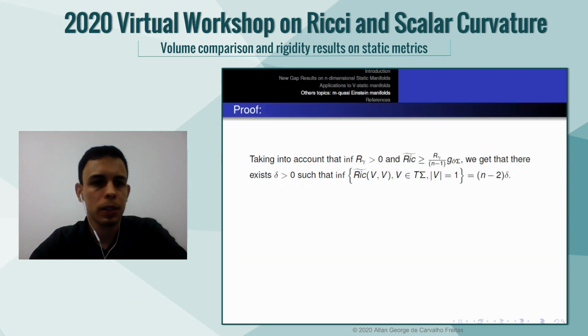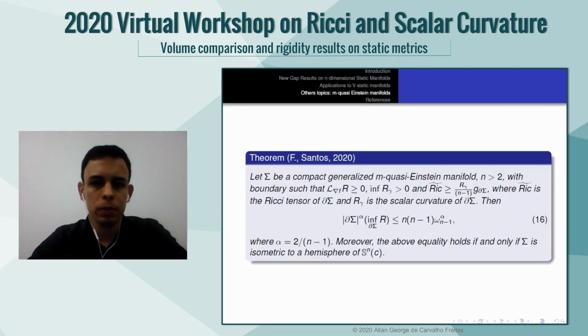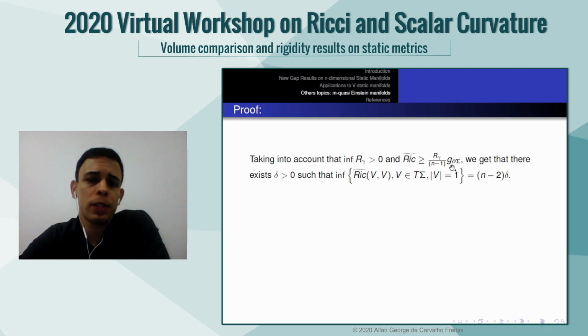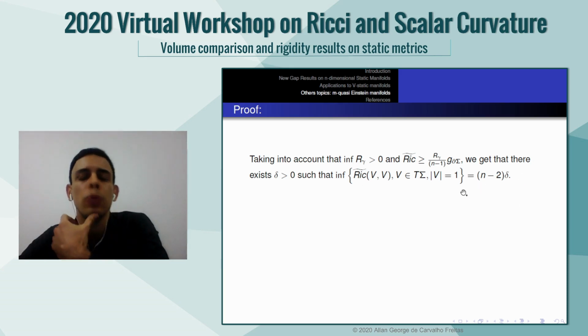We can just outline the proof of this result, and we have some additional conditions here, this and this. Okay, and alpha is this constant. To prove this, first of all, from this condition, we get that there exists a delta such that we can take the infimum of this set and consider that this is n minus 2 times delta.